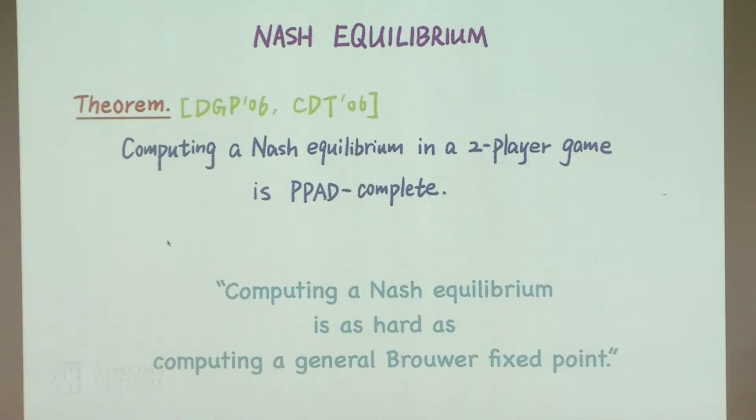The celebrated theorem tells us that computing a Nash equilibrium even in a two-player game is PPAD complete. So this can be interpreted as computing a Nash equilibrium being as hard as computing a general Brouwer fixed point. This just means even if you want to solve Nash equilibrium as an explicit function, it's really the same as an arbitrary explicit Brouwer fixed point.